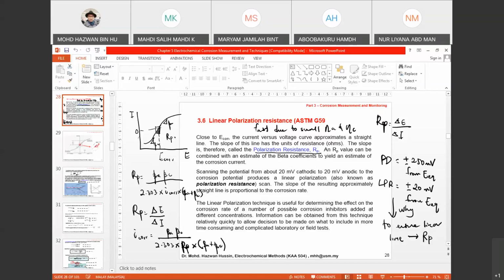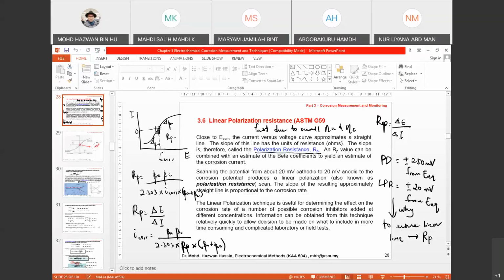The reason LPR uses a smaller overpotential range is that we want the best linearity, because at lower overpotential values from the equilibrium potential is where you have the most linear line.